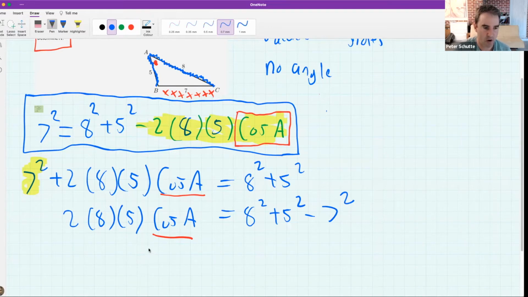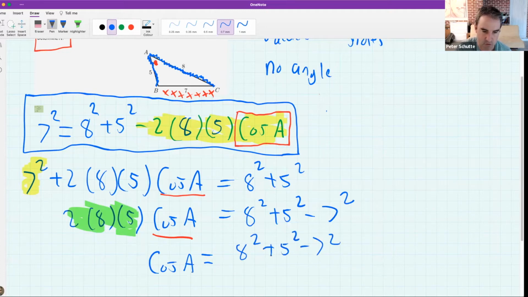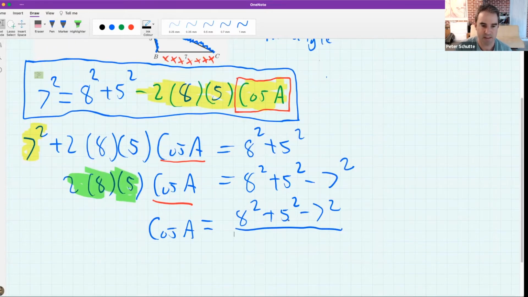So now I need to deal with this bit over here. And so what I'm going to do is bring that whole thing to the other side. So the cos of A equals 8 squared plus 5 squared minus 7 squared, and then I'm going to write 2 times 8 times 5.